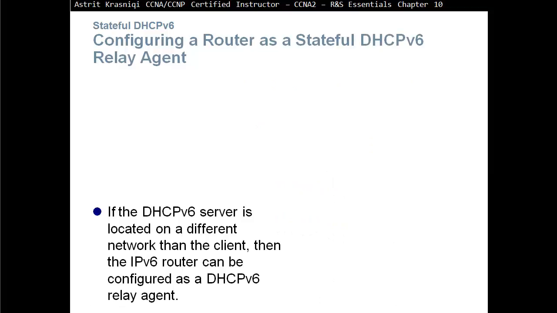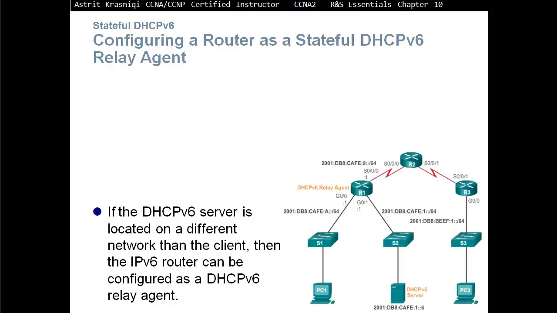To configure a router as a stateful DHCP relay agent: the solicit messages are not going to go to the DHCP server if the DHCP server is not in our local area network, so we have to configure this relay agent. So for example, that DHCPv6 server is down here. The solicit messages are never going to go to that destination.